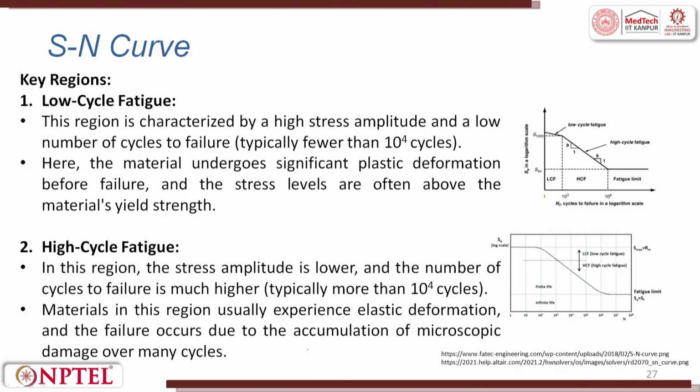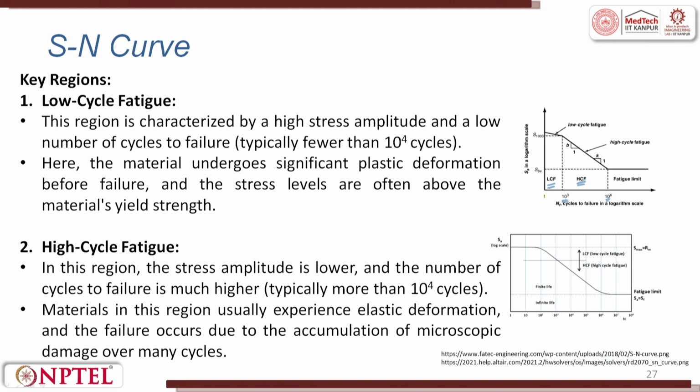So, there are two types of regions. One is called low cycle fatigue, which is nothing but LCF. The other one is called high cycle fatigue, from 10 to the power 3 to 10 to the power 6.